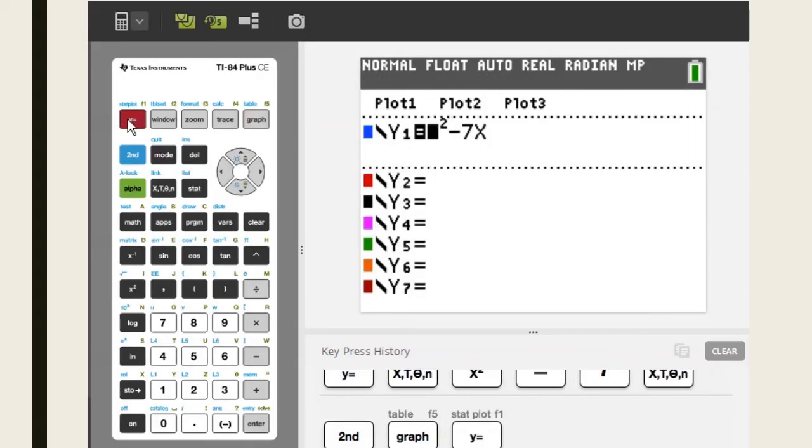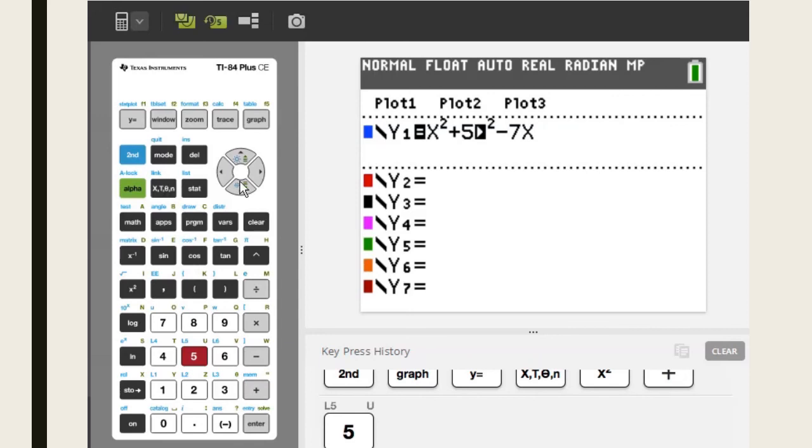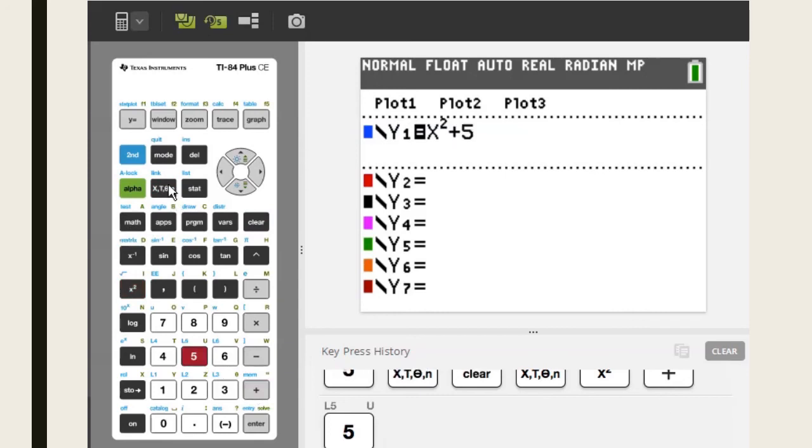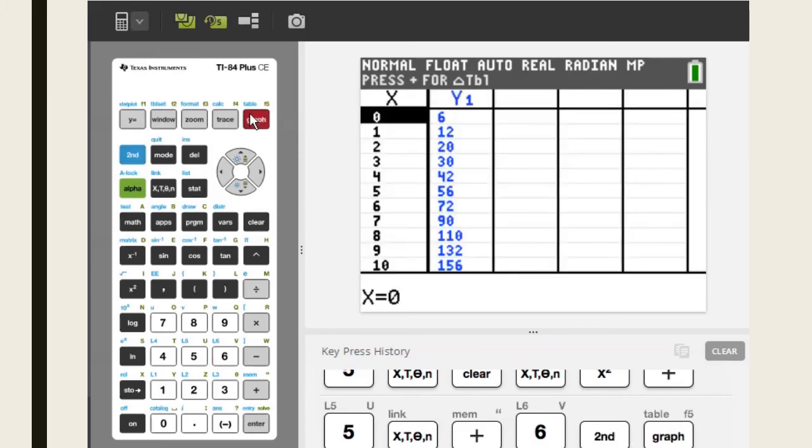And in the calculator, we have y equals, this time I'm going to put x squared plus 5x plus 6. And again, I'm going to look at the table to find out what the x-intercepts are.